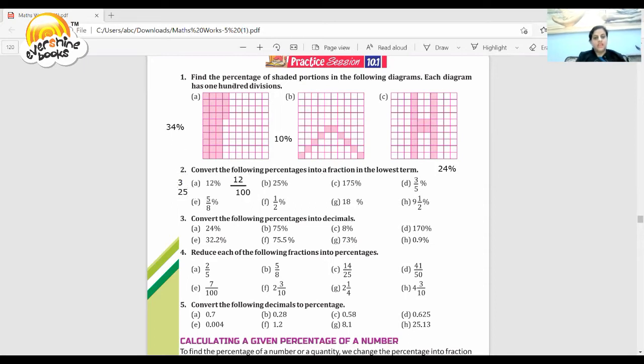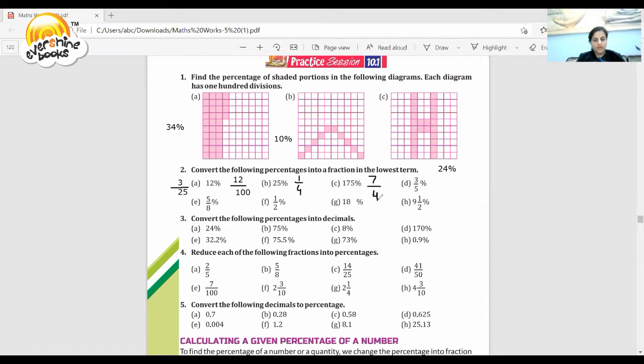Just put the sign of fraction also. Now, 25 upon 100 is 1 upon 4. 175 upon 100 is 7 upon 4.